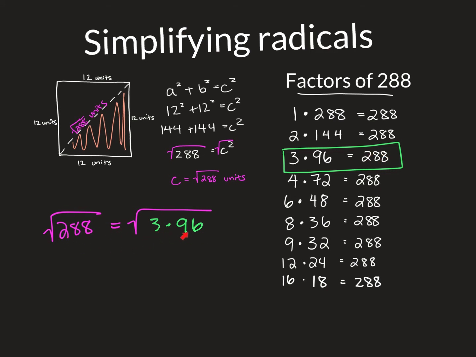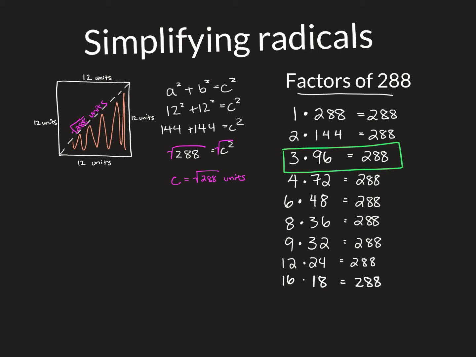The problem is that there's really nothing I can do with the 3 and 96 as they are, because the square root of 3 is an irrational number, about 1.73, and the square root of 96 is about 9.79. Both of these are irrational numbers, so this isn't really going to help me a ton. So let's get rid of those.